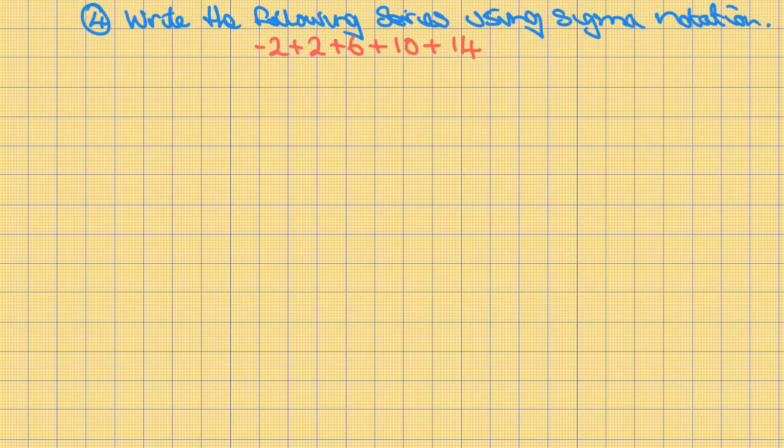Question 4. Write the following series using sigma notation. -2 plus 2 plus 6 plus 10 plus 14. The first thing we need to do is find the common difference, the difference between each term in the series, and that is 4.